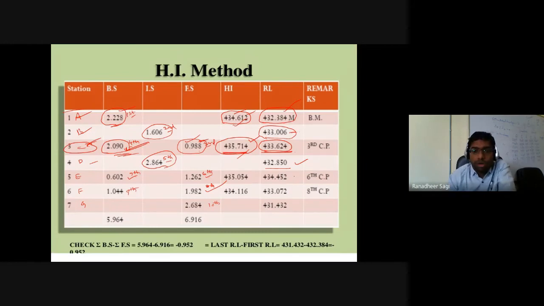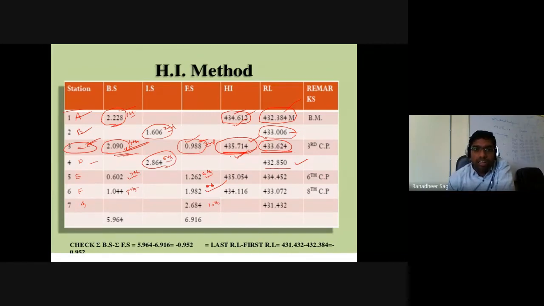Okay, so now what is going to be the RL value of point E? RL value of point E is nothing but the height of the instrument at the previous position minus the last reading you have taken, which we are calling your foresight reading.